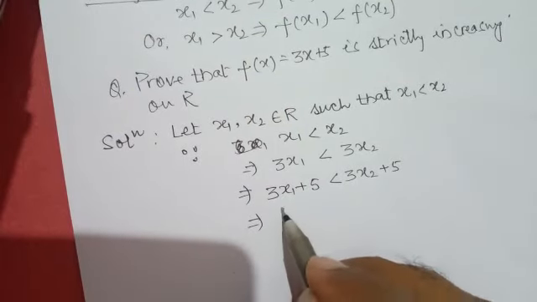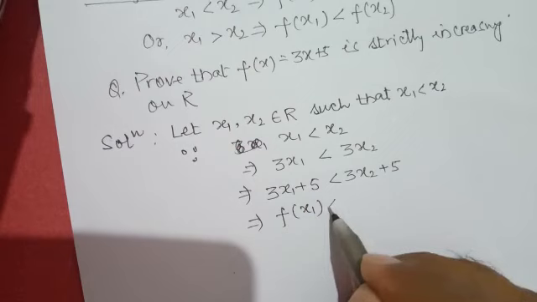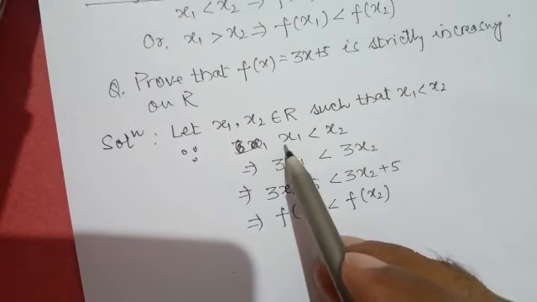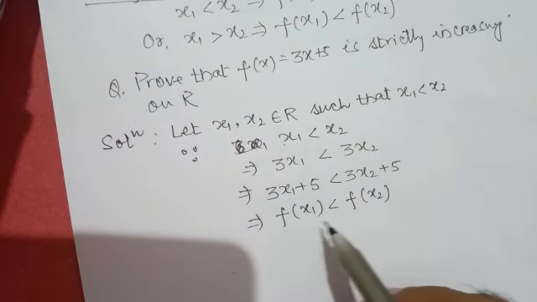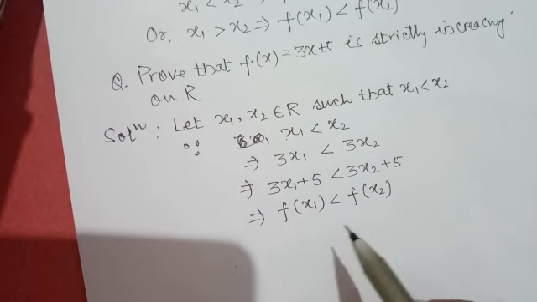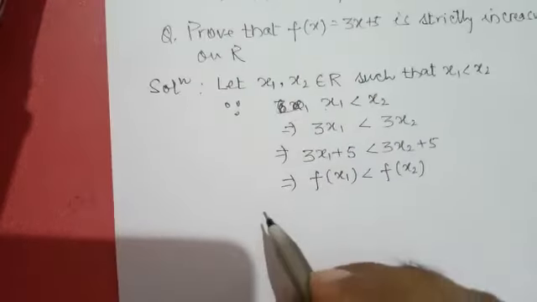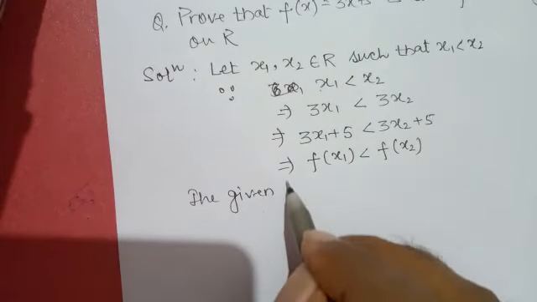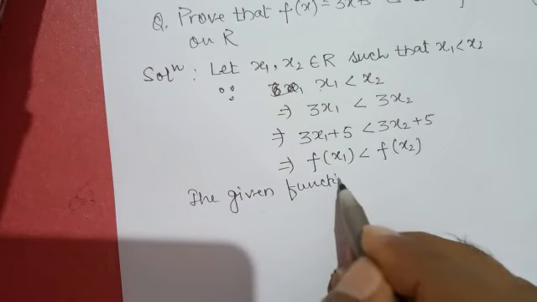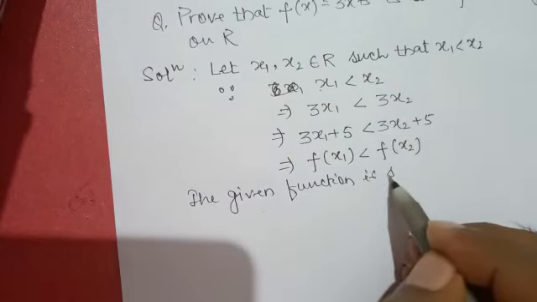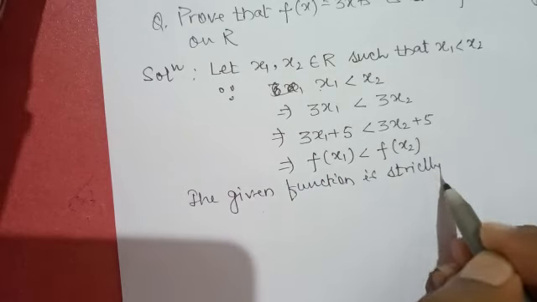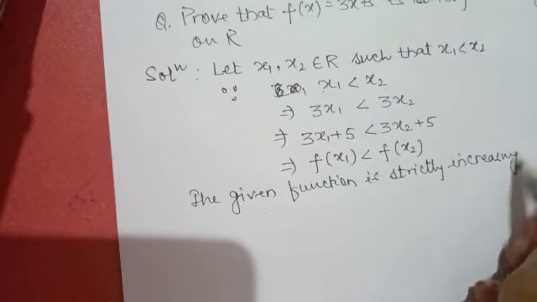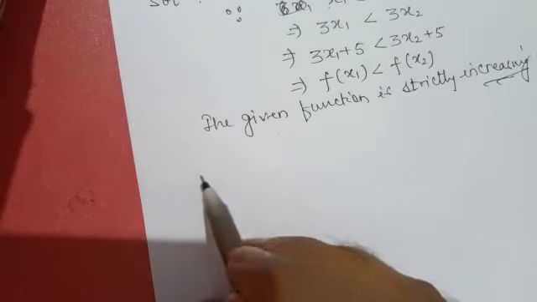It means f(x1) is less than f(x2). x1 is less than x2 implies f(x1) is less than f(x2). Thus we can say that the given function is strictly increasing. In this way we will prove the questions.